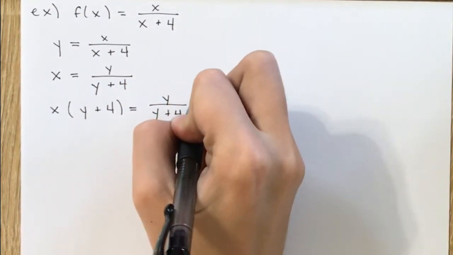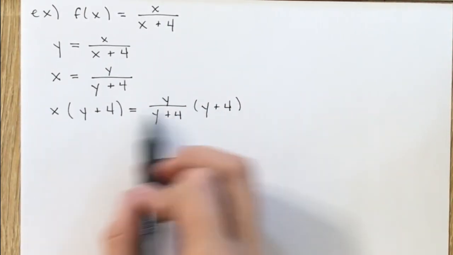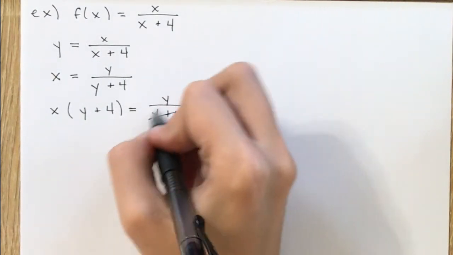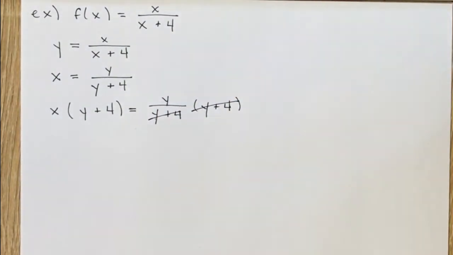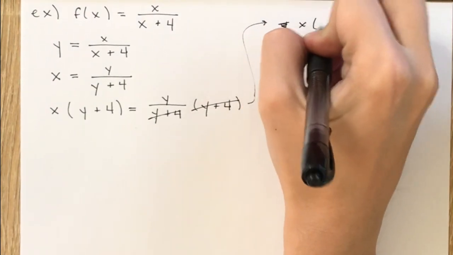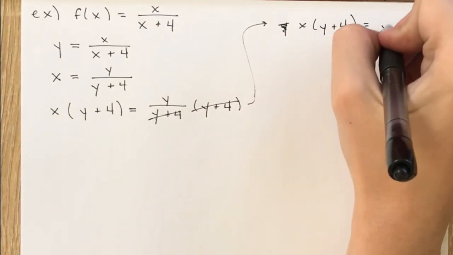I'm going to write the whole thing out so we can really see what's going on. So I multiply both sides by y plus 4. The denominator, right, the division and the multiplication kind of undo each other. So we're left with x times y plus 4 equals just y.